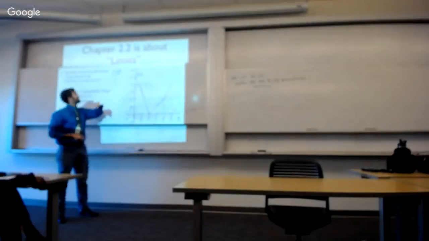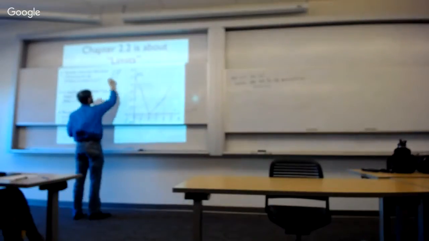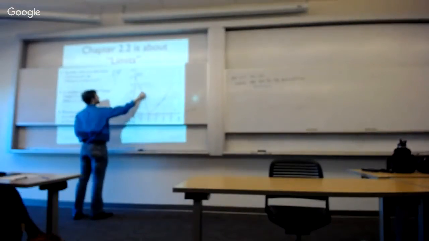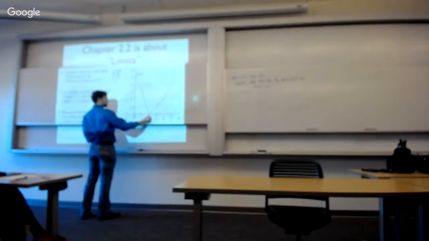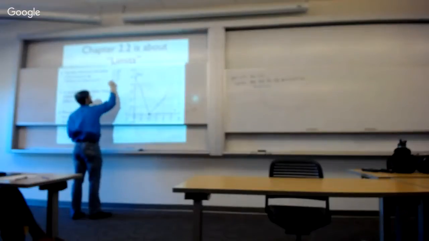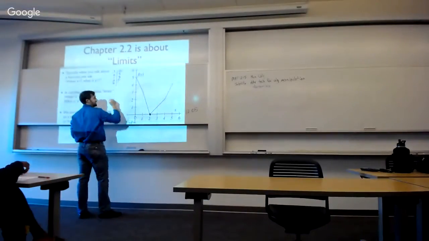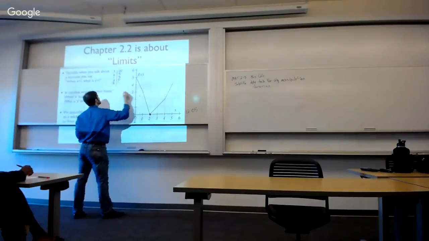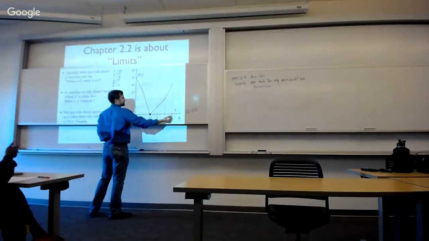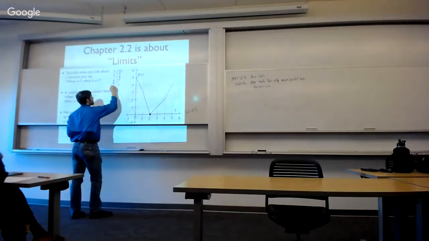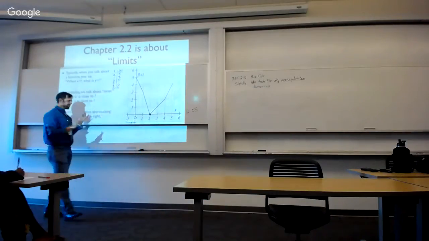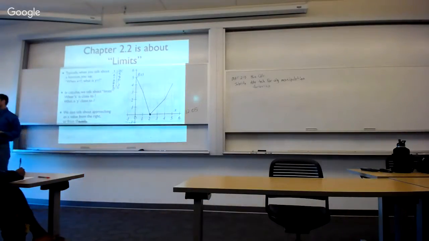If I input 1, what is f of x? 3. And if I input 2, f of x is 0, because it's right there at the bottom. If I input 3, f of x is 1. If I input 4, f of x is 2. And if I input 5, f of x is 4. Okay, so very simple. It's just the idea that a function is input-output.